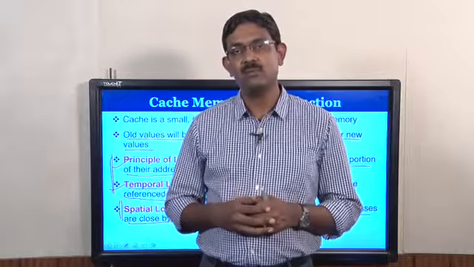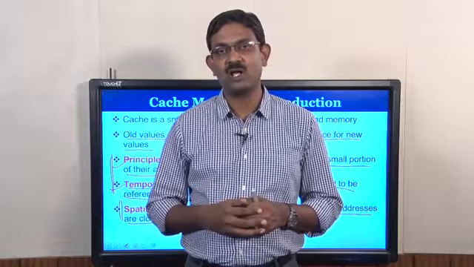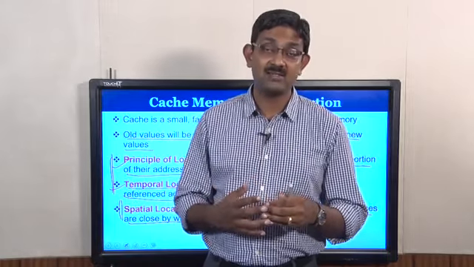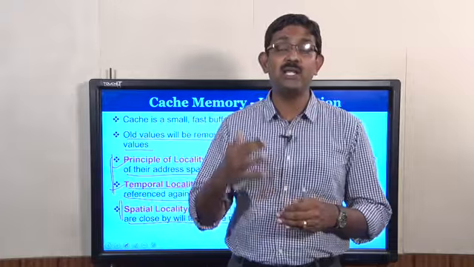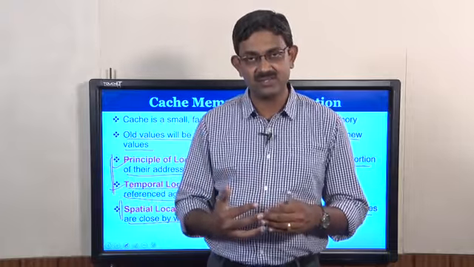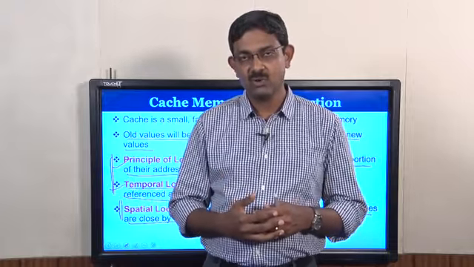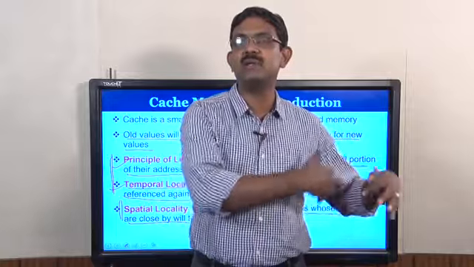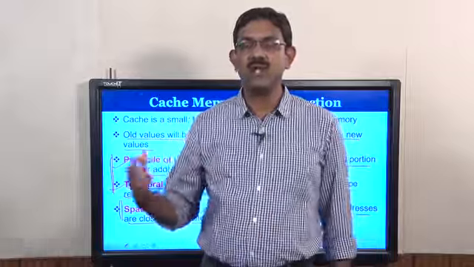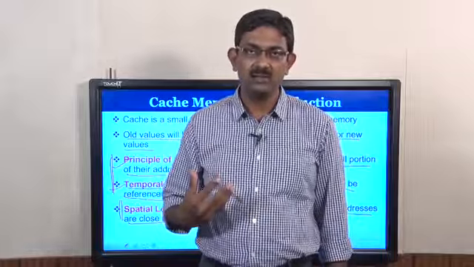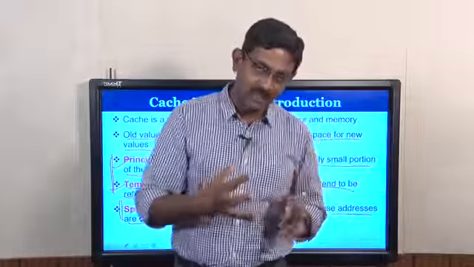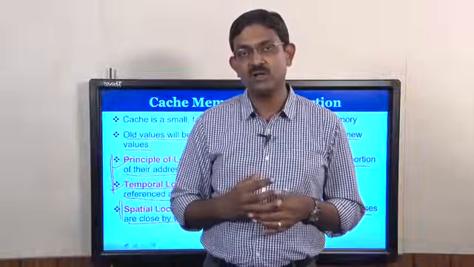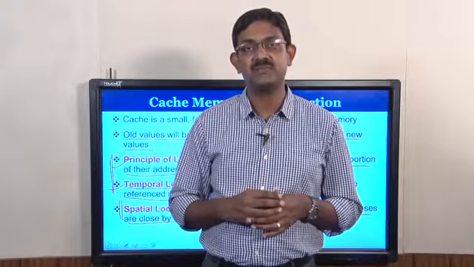Now, how am I going to make use of spatial locality? When I miss some location now, I have to understand that as per spatial locality, the nearby addresses will be requested in the future. So, rather than bringing only the requested word, let me bring the adjacent words also, such that when I bring a block or a bulk of data, my future requests to adjacent locations can be serviced.